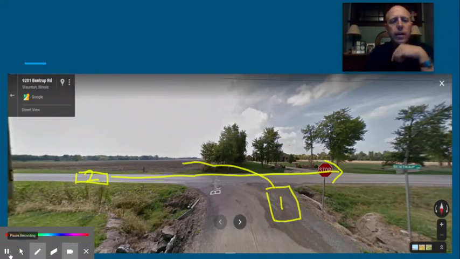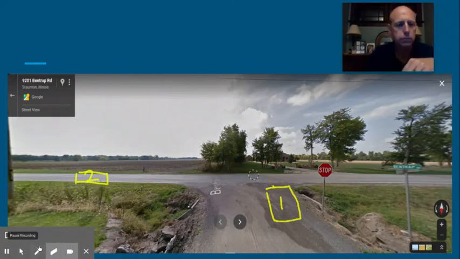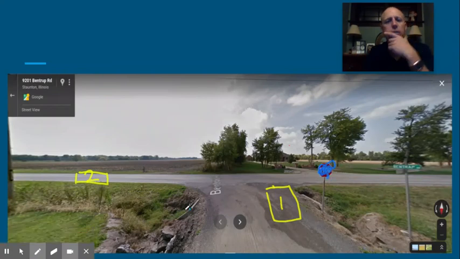But what if this is not a controlled intersection? What if there's no stop sign there? So we'll just pretend that this stop sign isn't here. Let me just kind of scribble it out a little bit here. Okay, so the stop sign is gone. So if there's no stop sign there, the rule says that whoever is on the terminating leg or the terminating highway of this intersection.